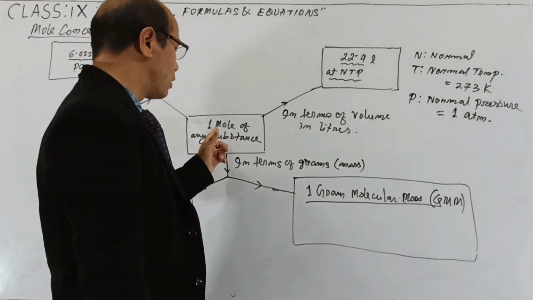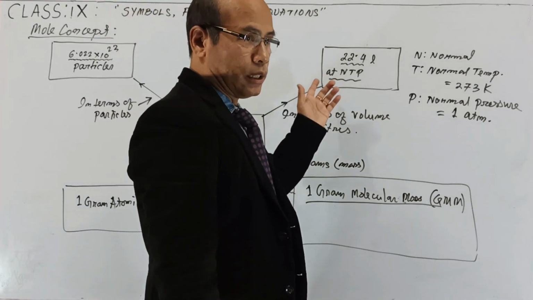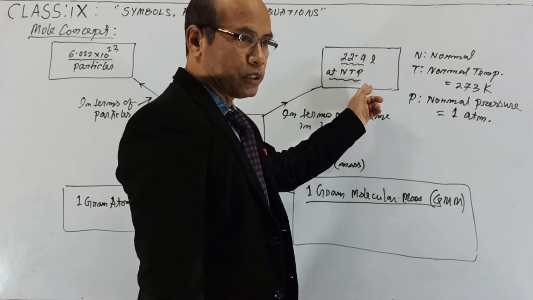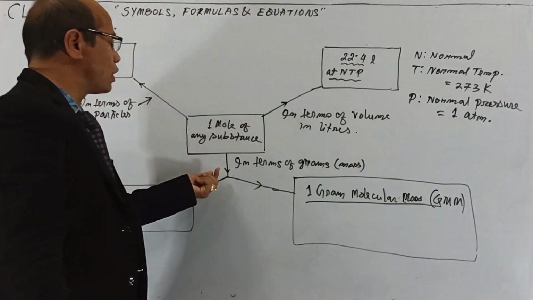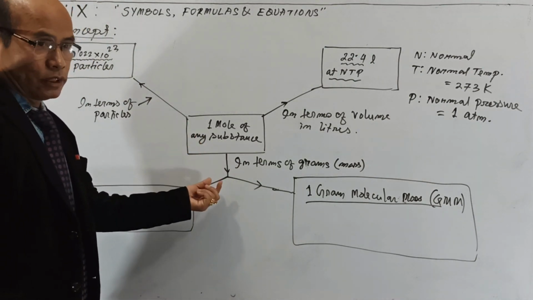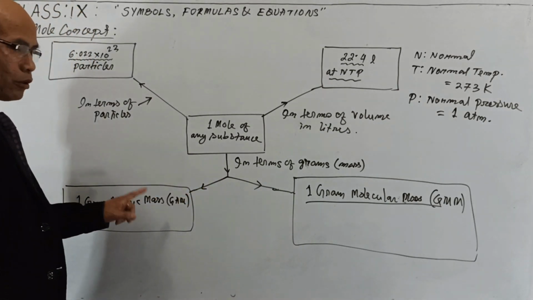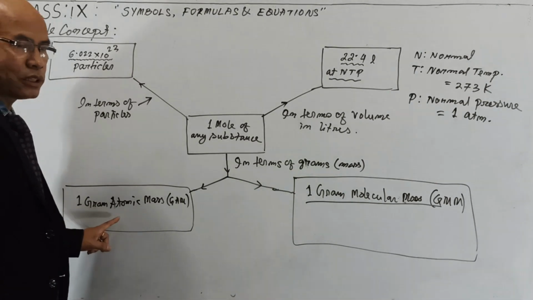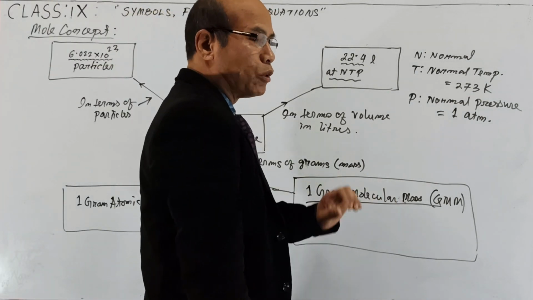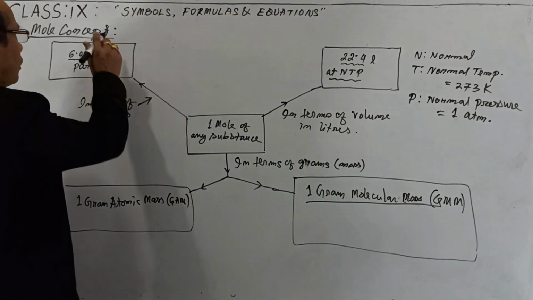If you want to convert 1 mole of that substance into liters, if it is in a gaseous state, then it equals 22.4 liters at normal temperature and pressure. And if you want to convert that 1 mole into grams, its mass equals 1 gram atomic mass if the substance is in atomic state, or 1 gram molecular mass if the substance is in molecular state. This idea is called the mole concept.